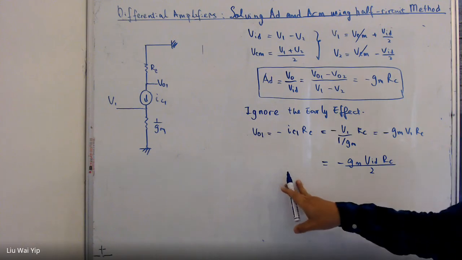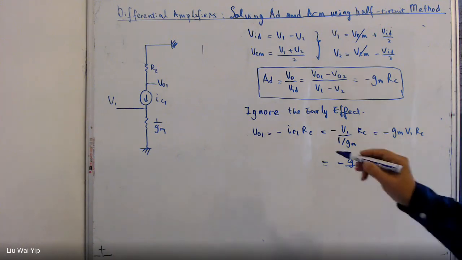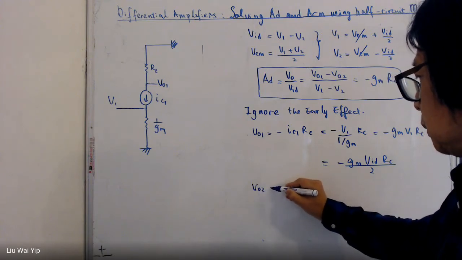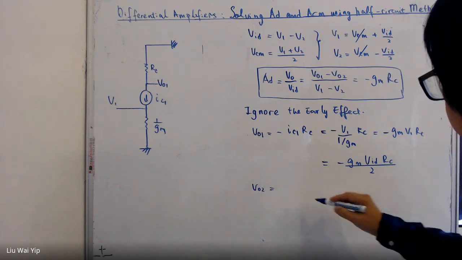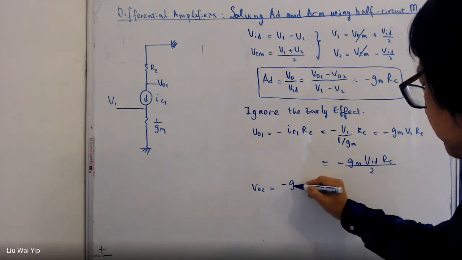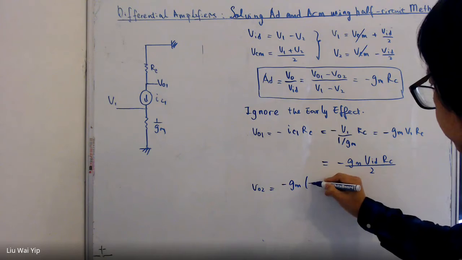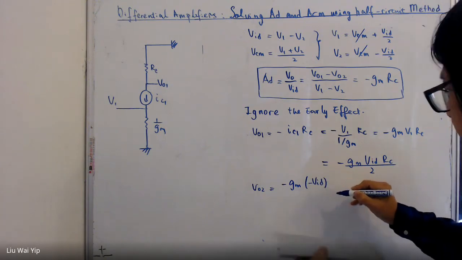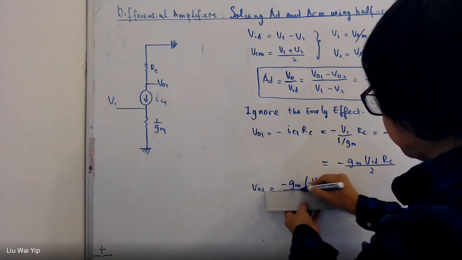And with this in mind, we can say VO2 is equal to minus gm RC times minus VID divided by 2.